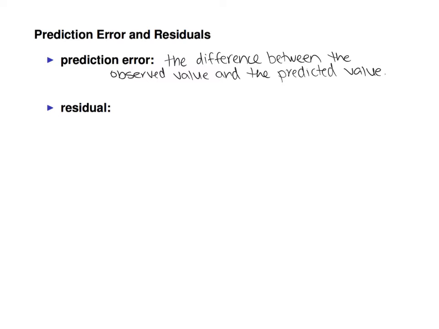And remember that the observed value is the y, and the predicted value is the thing you get from y hat. So often, we say this is y minus y hat. Observed minus predicted. Now the residual, this is a synonym for prediction error, and it's the word that's used actually more frequently.